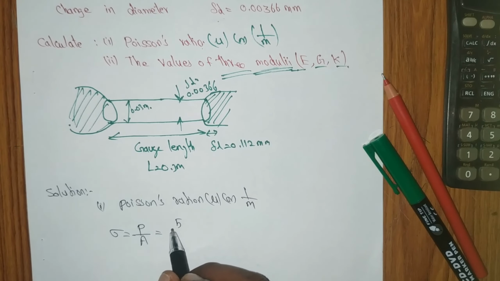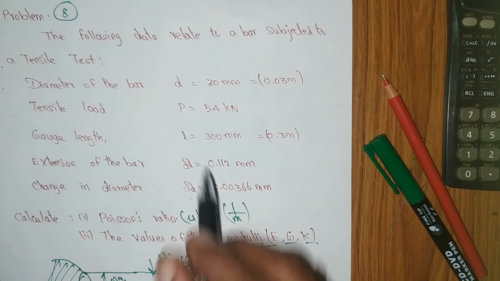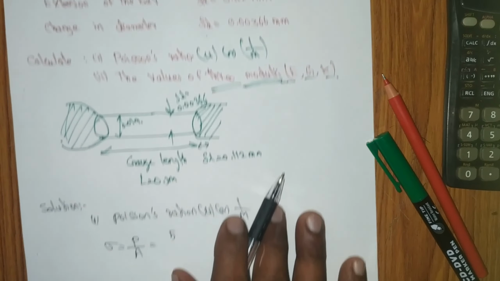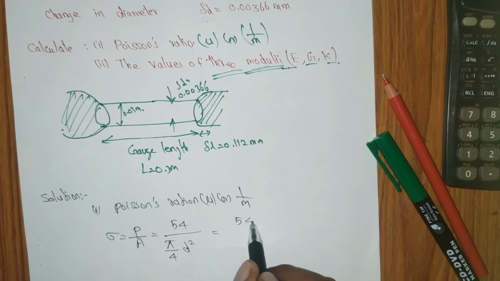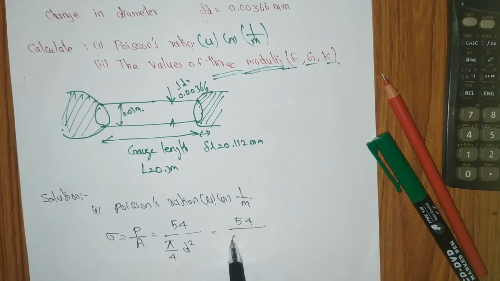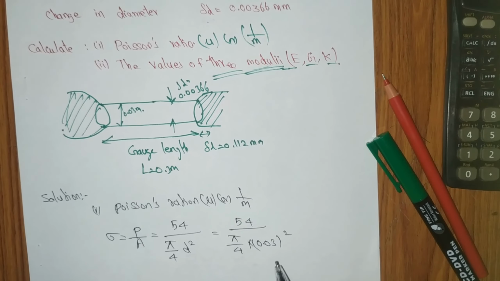The tensile stress will be, we know, 54 kilonewton. So 54, the area will be pi by 4 d square. We have 54 divided by pi by 4 into 0.03 the whole square. We know the diameter square.